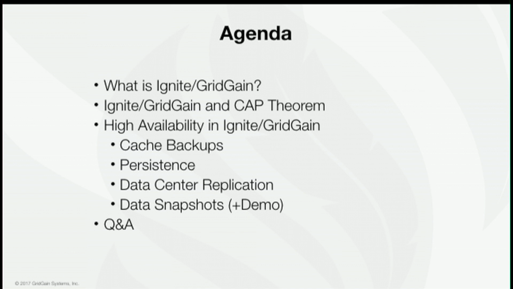And then I will go through the major techniques and features available in Ignite and GridGain that allow you to build distributed systems that are consistent and highly available at the same time. I will cover topics like cache backups, persistence, data center replication, and data snapshots. I will also have a quick demo for data snapshots. And we will, of course, finish with a Q&A session at the end.